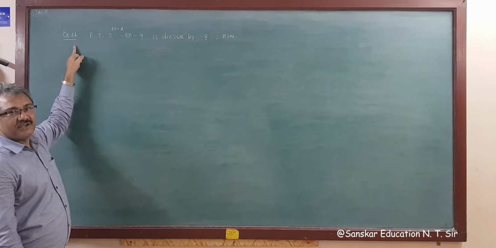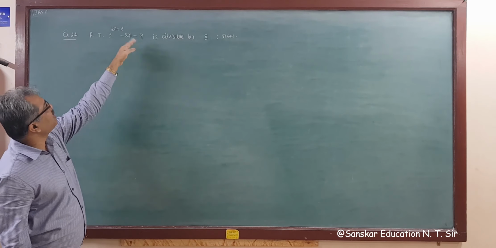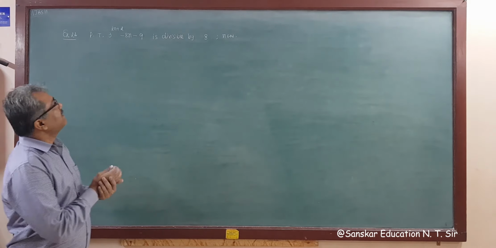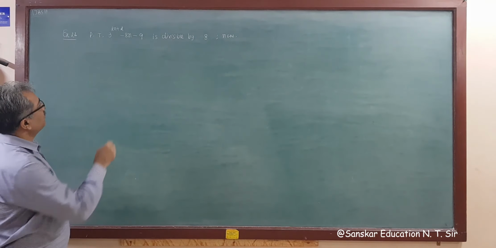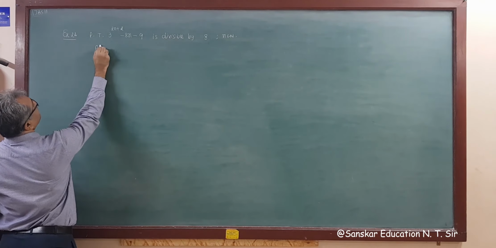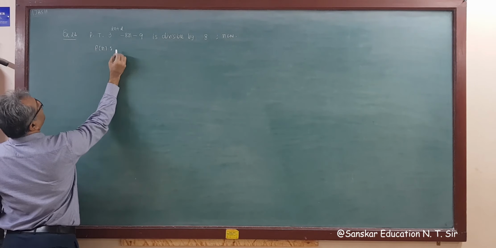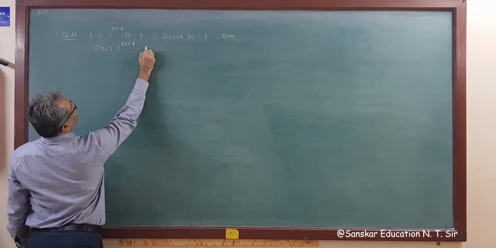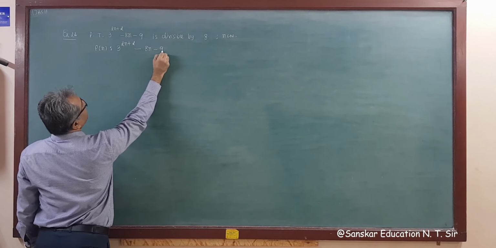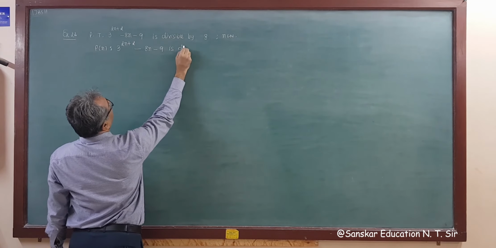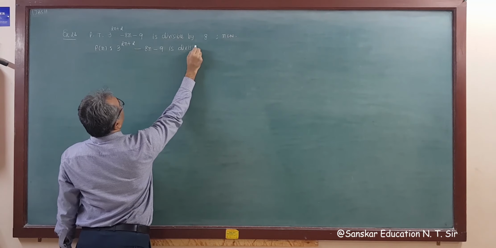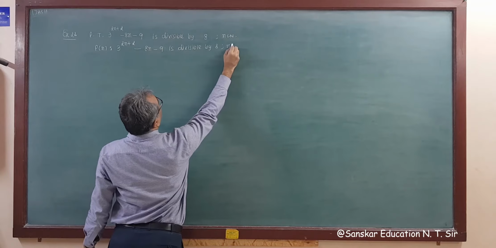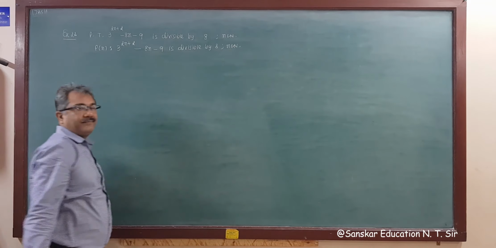So example number 22, prove that 3 raised to twice n plus 2 minus 8n minus 9 is divisible by 8. So as usual we first write Pn. So Pn is 3 raised to twice n plus 2 minus 8n minus 9 is divisible by 8, n belongs to N, right?